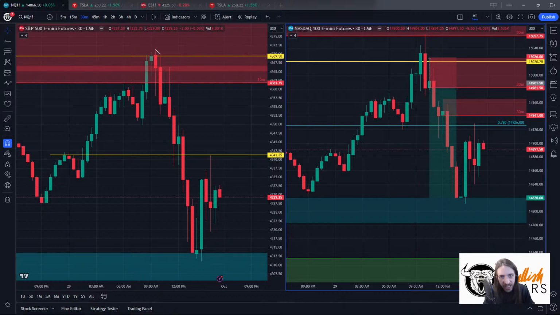Equities are my favorite. VIX is my favorite. These are confirmations for me to know what kind of trend we're in. If the VIX is pushing lower while NASDAQ is pushing higher, and ES is pushing higher, well, then that's going to continue.